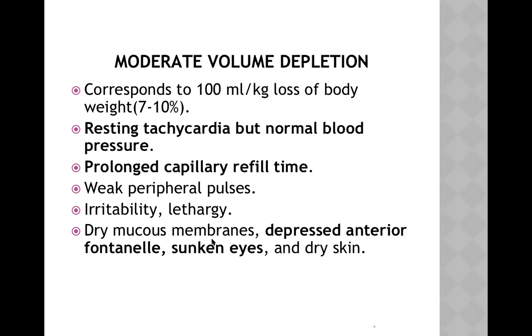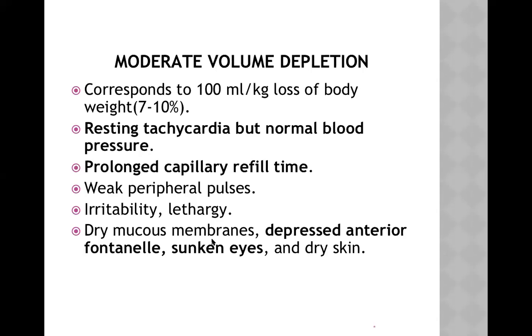There would be dry mucous membranes. Now, which mucous membranes can we examine very easily? Mucous membrane means you can examine the conjunctiva of the eye and the oral mucosa.